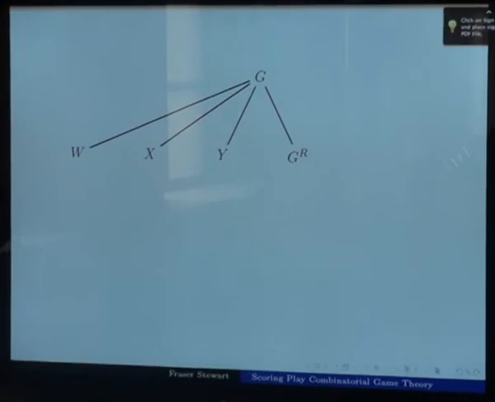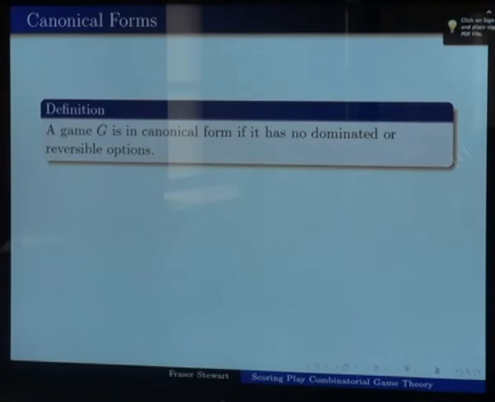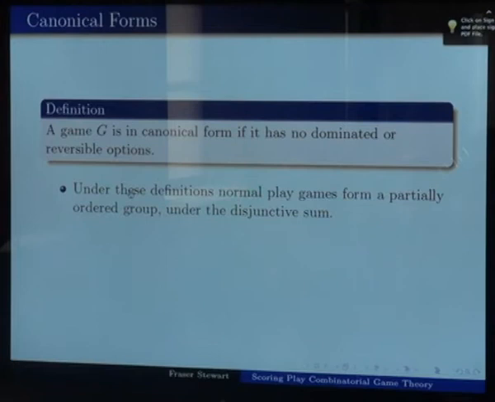So that's reversible options. The idea of this is that we end up with something called a canonical form. We say that a game G is in canonical form if it has no dominated or reversible options. For the set of normal play games, we find that they are actually a partially ordered group under the disjunctive sum, which means they're a very nicely behaved set of games.